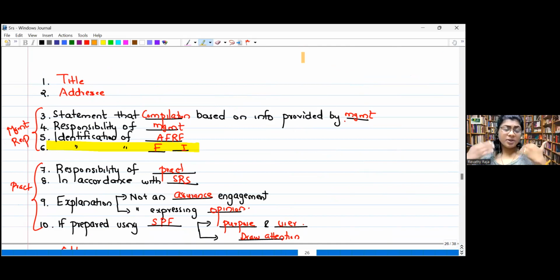Here you are saying we have compiled the financial statements of so and so entity for so and so period, responsibility of management, my responsibility, not an opinion. So, it starts with title, addressee. Now, these are the management responsibility to compile and to give the information to the auditor or practitioner.